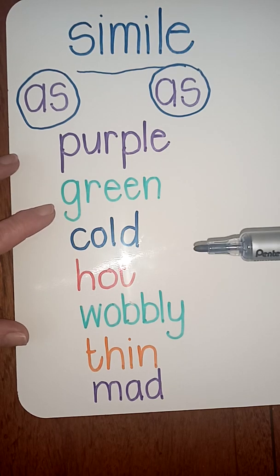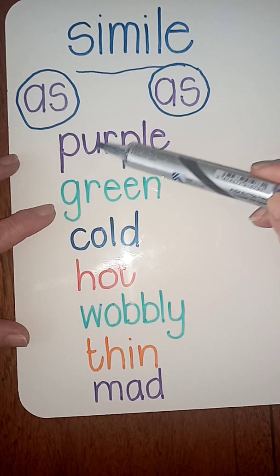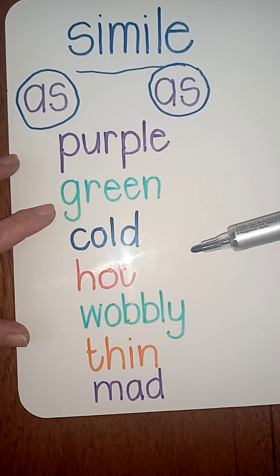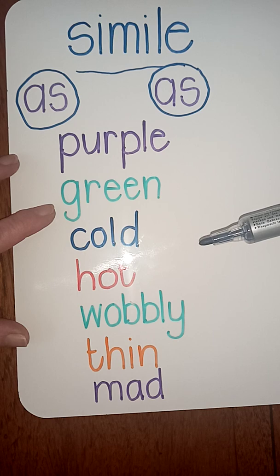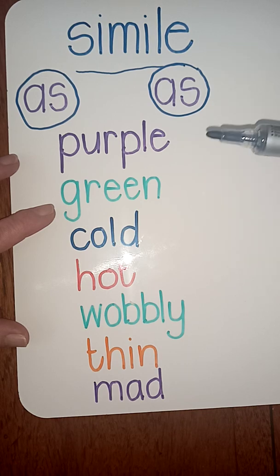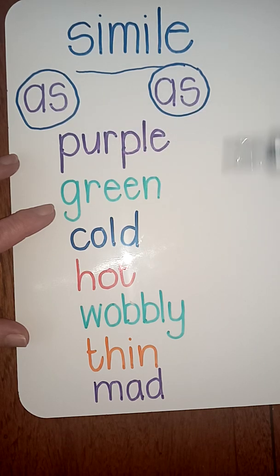So, the first one we're going to do, as purple as a, what could you think about purple? Okay, the first thing that comes to my mind is a dinosaur, and that dinosaur's name is Barney, of course. So we could say as purple as Barney.